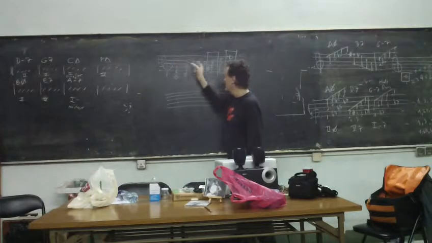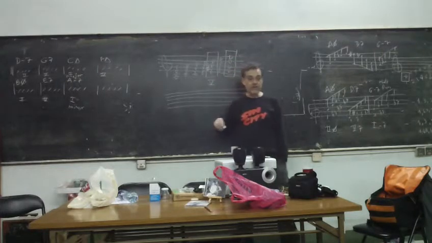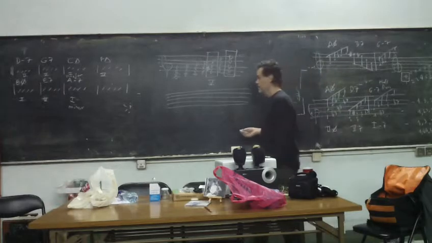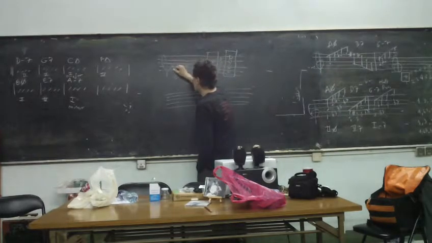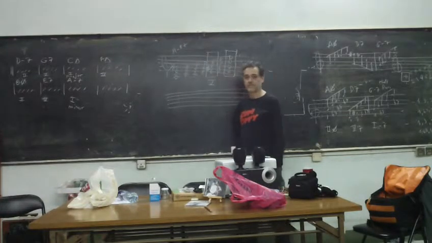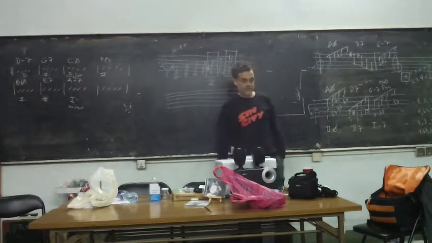This one has a G sharp. This one has a G sharp, this one of course, and this one. So there are new chords that come from the minor mode, right? Like for instance, this one. What's this? A minor with a sharp 7, right? Minor chord with a sharp 7.